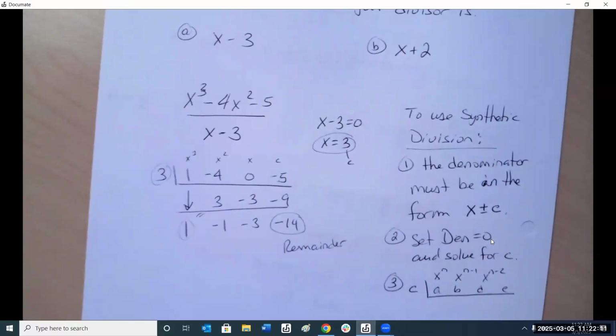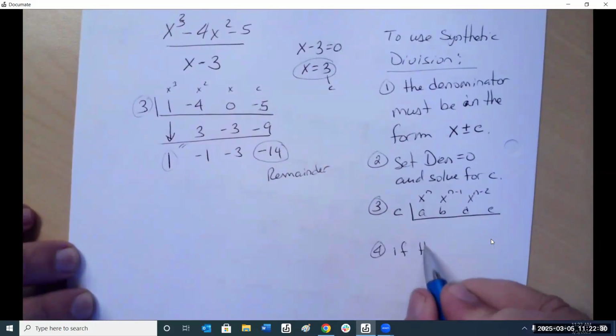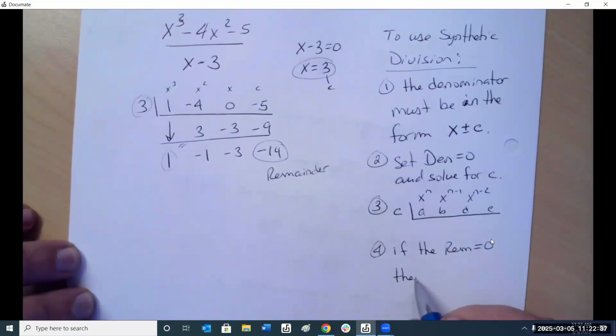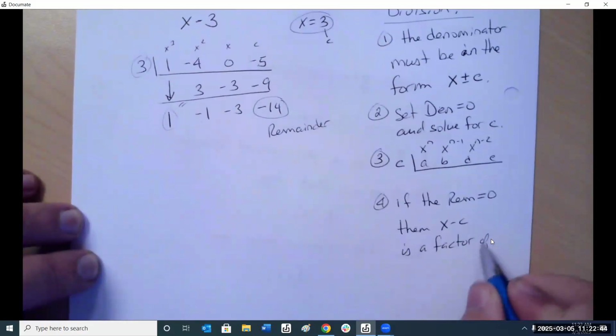Here's another cool thing about it. But first off, what does the remainder tell us? Leftover. Well, yeah, but what does it tell us about it? The remainder? If the remainder equals 0, then x minus c is a factor of your polynomial.